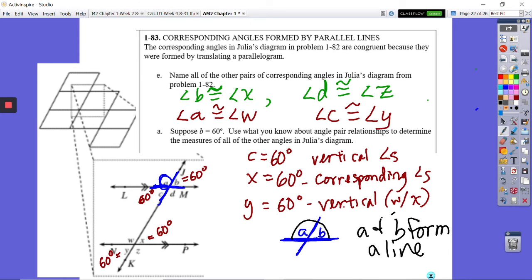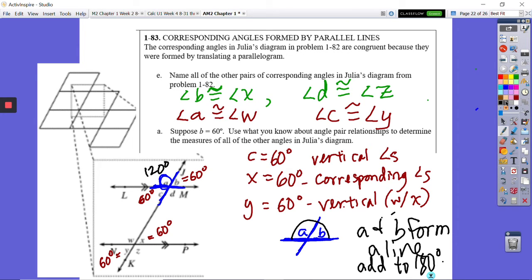And so what's the relationship between A and B? Well, they add up to 180, which means A must be 120. Because A has to be 120 so that it will add to 180 with D. Okay?